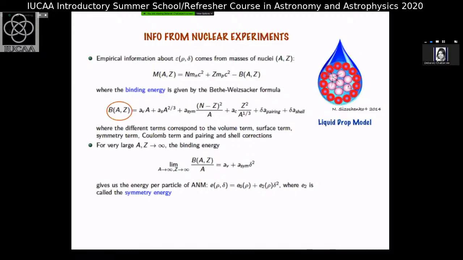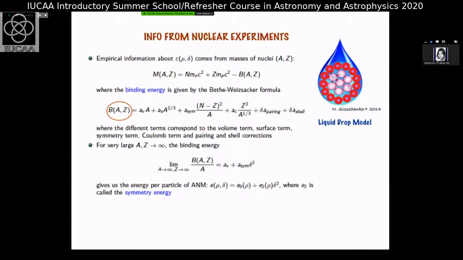The a_S term is proportional to the surface, so it goes as A to the 2/3, where A is the atomic mass. Then comes the symmetry term, which depends on the difference between the neutron and proton numbers. Then comes the Coulomb term, which takes into account the charges and so on.